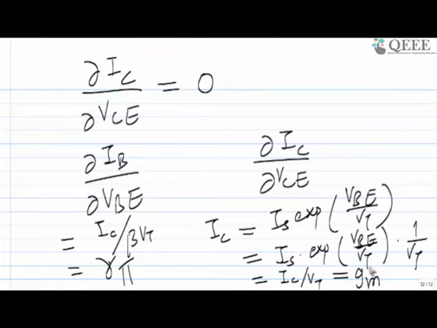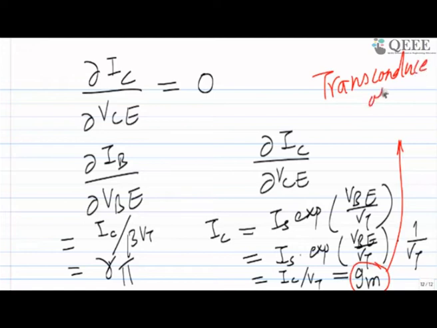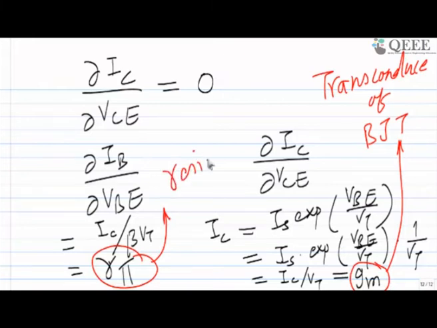This GM is known as transconductance of amplifier, or transconductance of BJT. When your BJT acts as an amplifier, you can call it transconductance of amplifier, and this is pi resistance. For simplicity we replace it with one symbol, which is R pi, which is IC by beta VT.